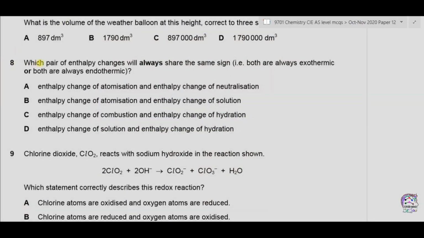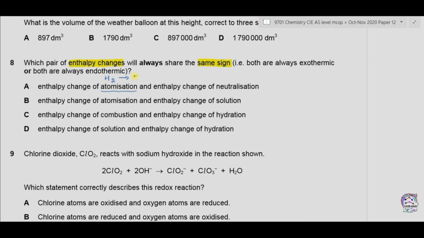Question number 8. Which pair of enthalpy changes will always share the same sign? That is, both are always exothermic or both are always endothermic. A. Enthalpy change of atomization. Now what happens in atomization is that we break down a molecule into its atoms. For example, we have hydrogen.